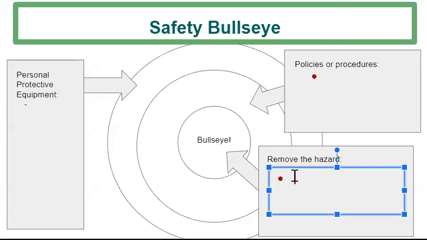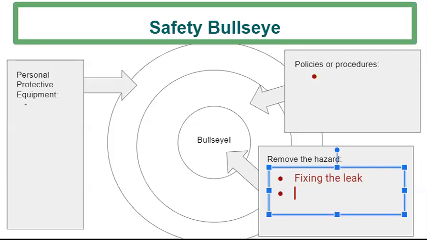So if we start with the best option that we could come up with for removing the hazard, what do you think would go in this category? Well, it seems that to actually remove the hazard, it would be fixing the leak, which you had mentioned. Mm-hmm. Or maybe if you had the guard that catches the leak, we could say, catching the leak.